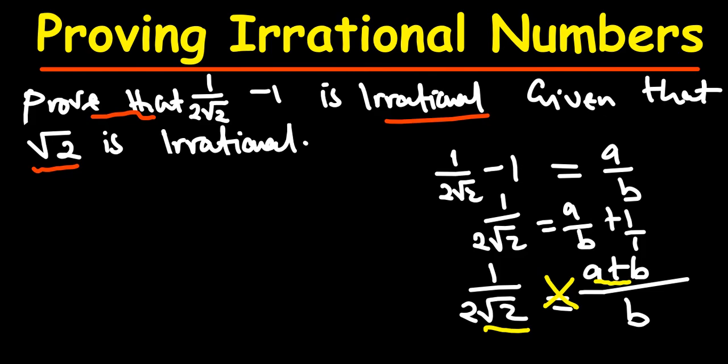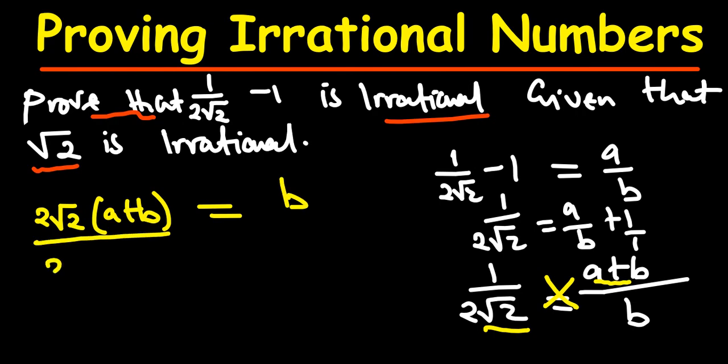So what we end up getting is 2 root of 2, and then in the brackets we have a plus b, and this is equal to b. And then from here we can divide both sides by 2, a plus b.